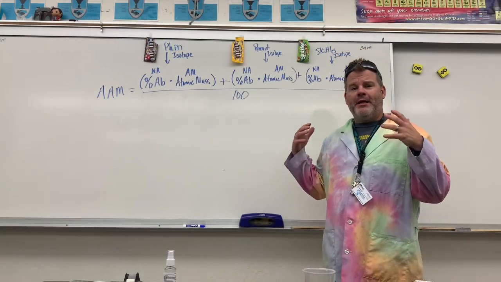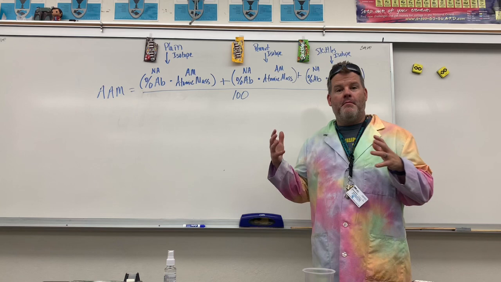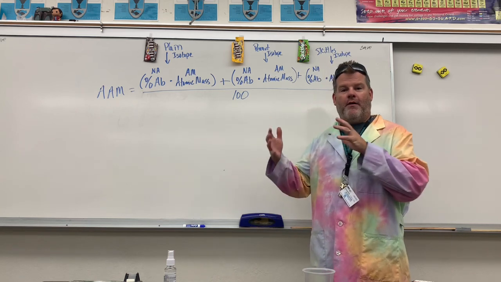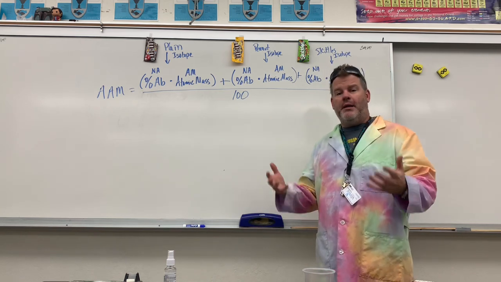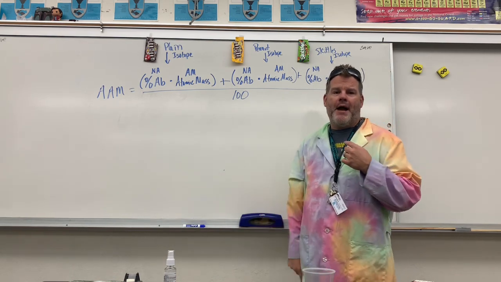Now we're going to take the information that we have gathered, the atomic mass of each of our isotopes and the percent abundance of each of our isotopes, and plug them into our average atomic mass equation.